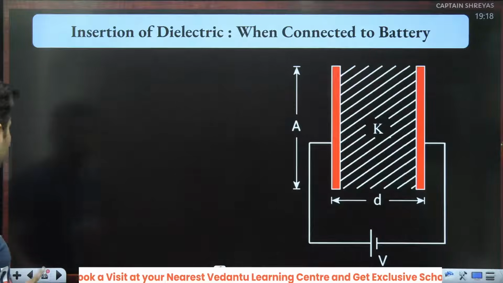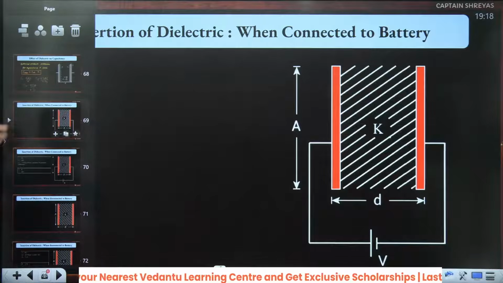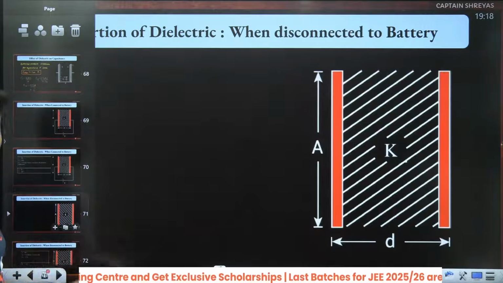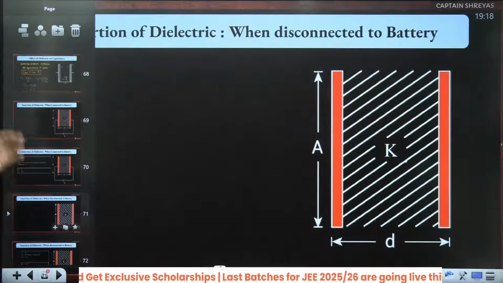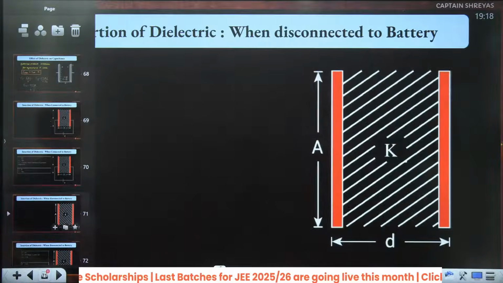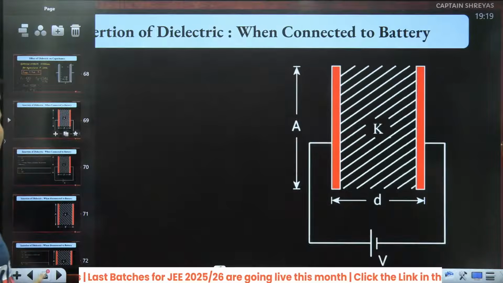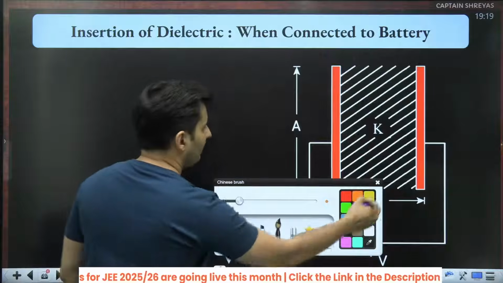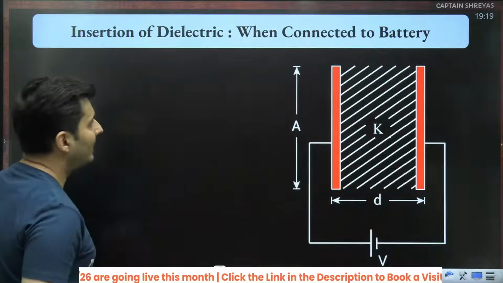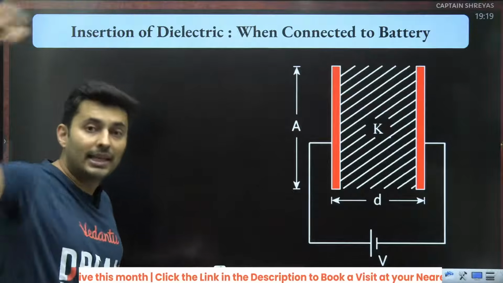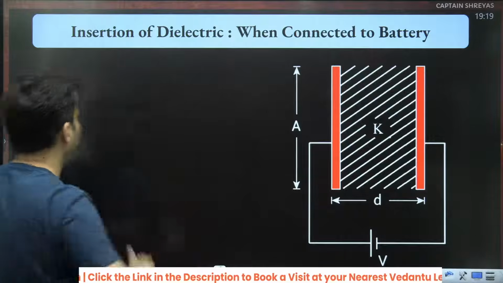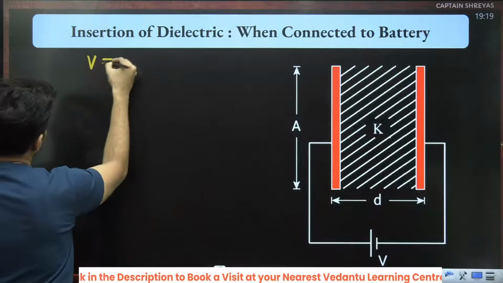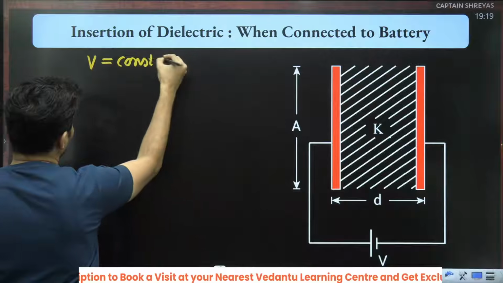All right. So let's do some variations in this where you will be connecting it to a battery and then you will not be connecting it to a battery, and then what is the effect on the capacitance, charge, voltage, energy, etc. So let's think about it. Say for example, now you have connected it to a battery. The moment you connect it to a battery and then you insert a dielectric medium, obviously the voltage first of all should remain constant.